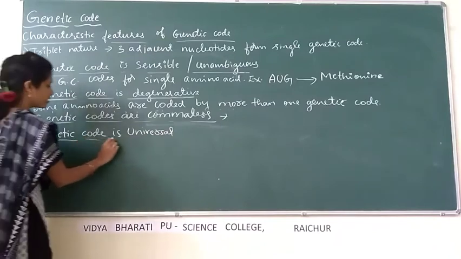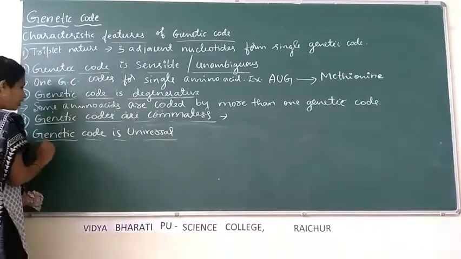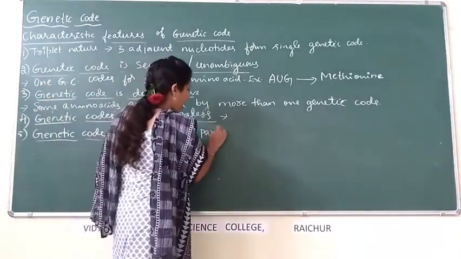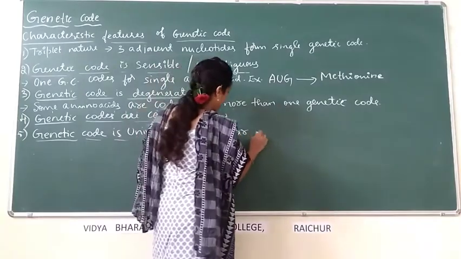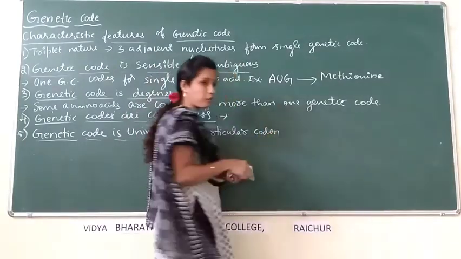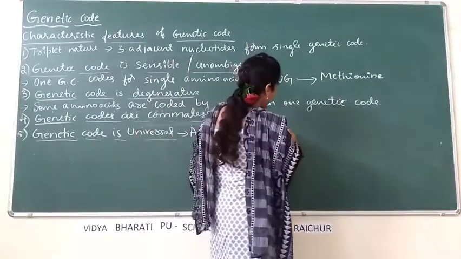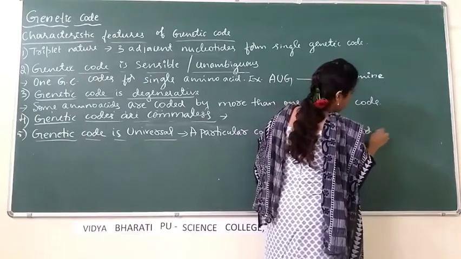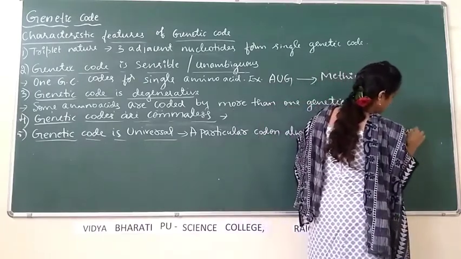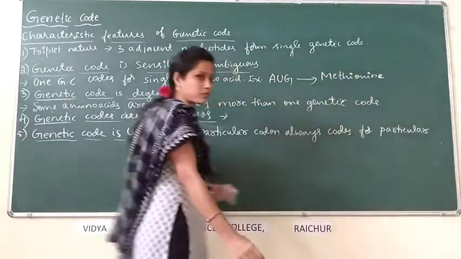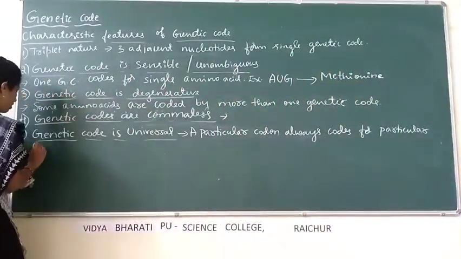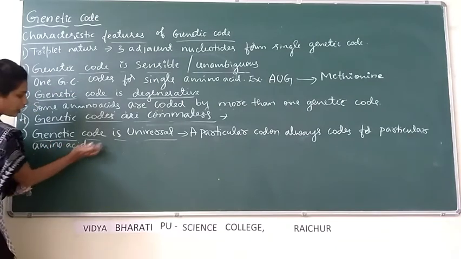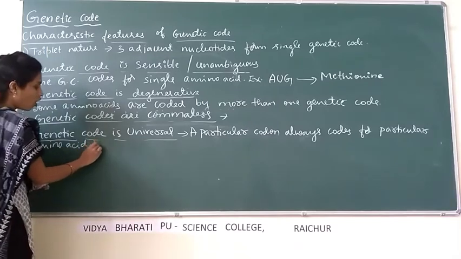Universal means a particular codon or particular genetic code always codes for a particular amino acid in all organisms.